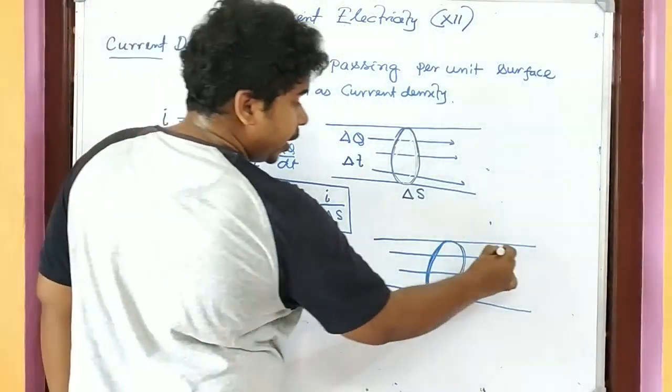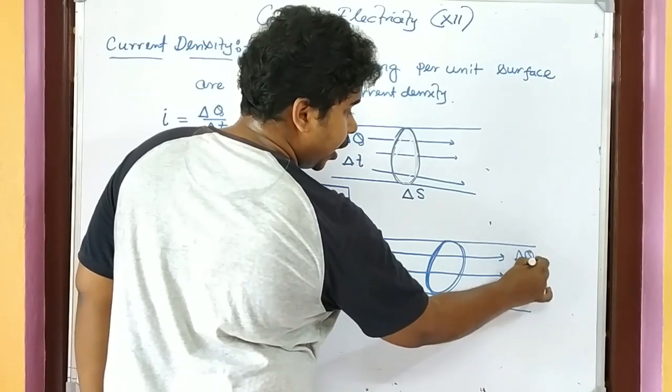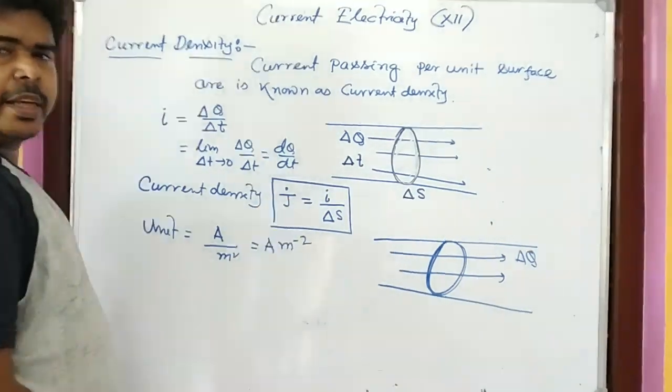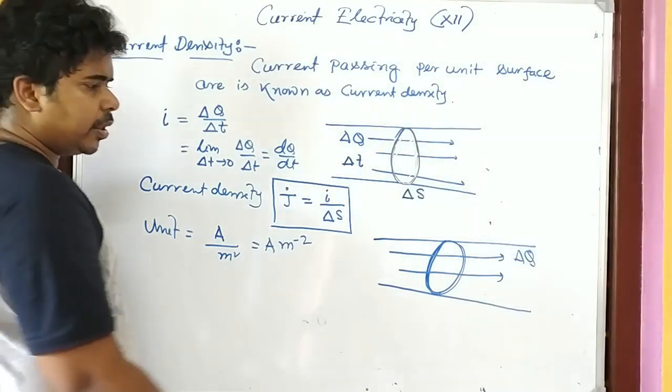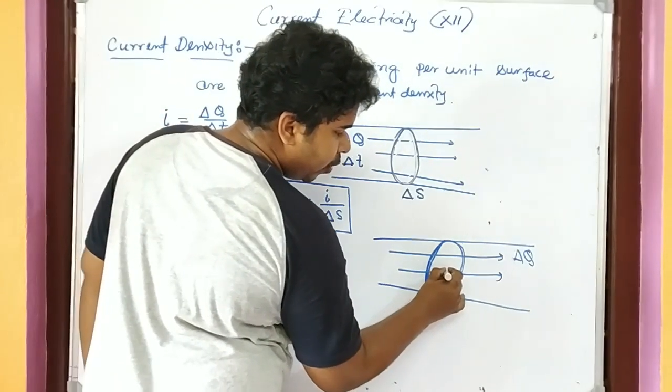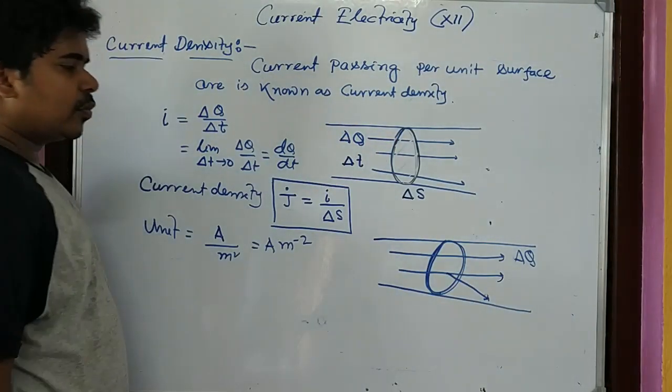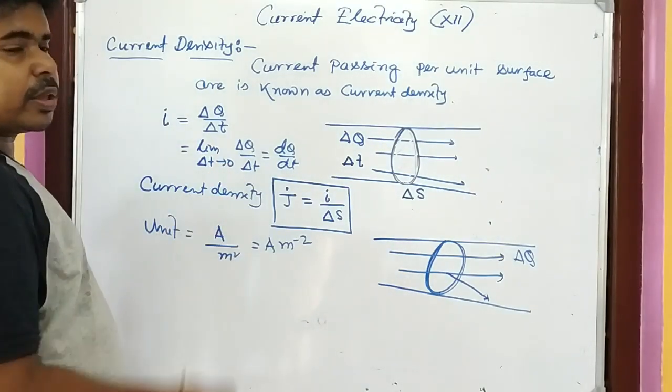That is the direction of the charge del q. The surface area is a vector quantity, so its direction is perpendicular to the surface.